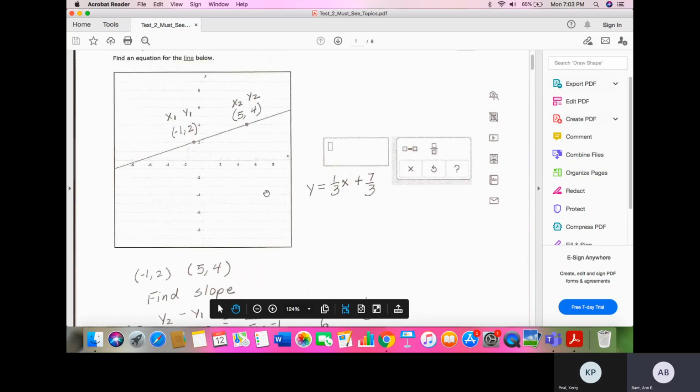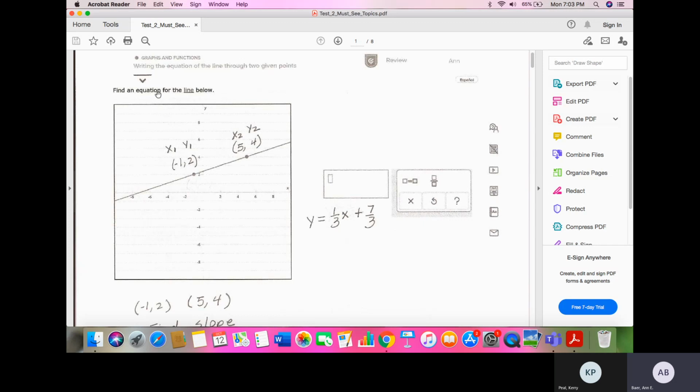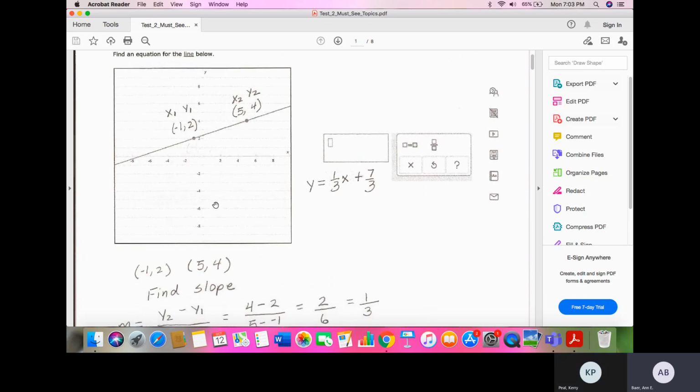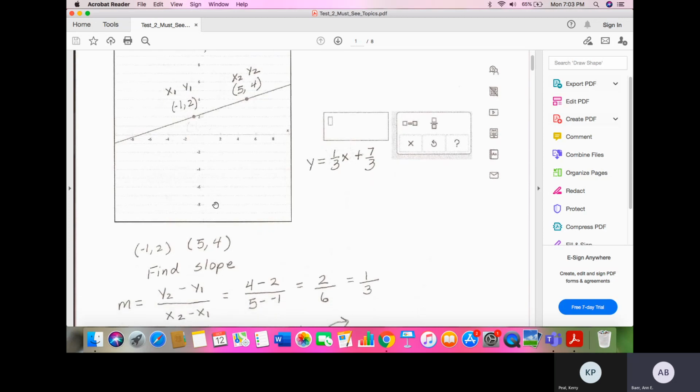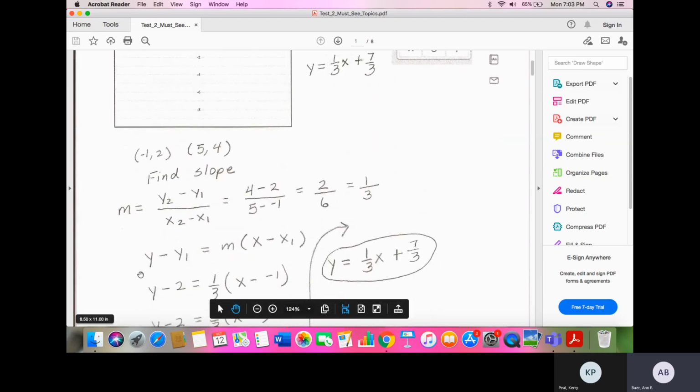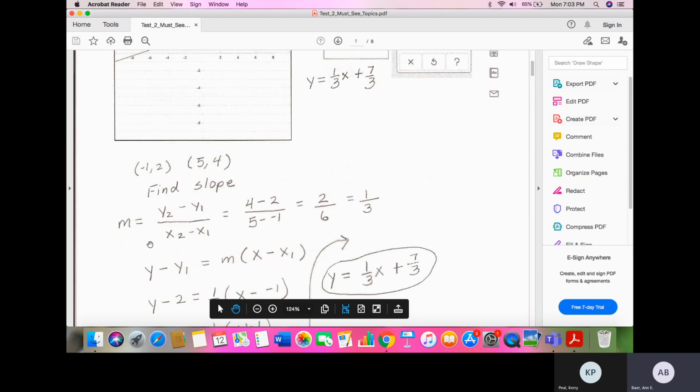And what we want to do in order to find the equation of the line, no matter how we find the equation of our line, we definitely need the slope. Whether we use slope-intercept form or point slope form, we still need the slope. So the slope is the change in Y over the change in X. I've got the slope formula written right down here.